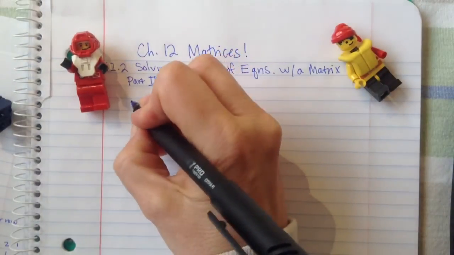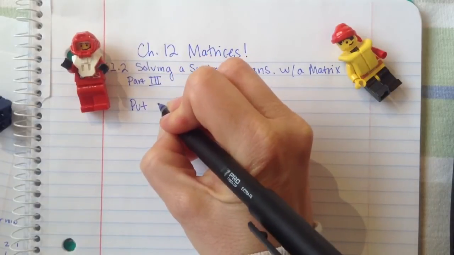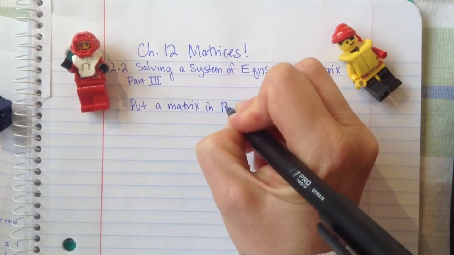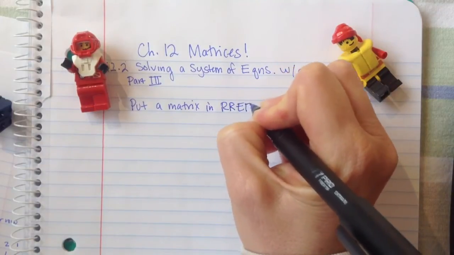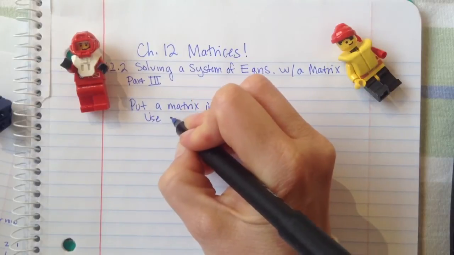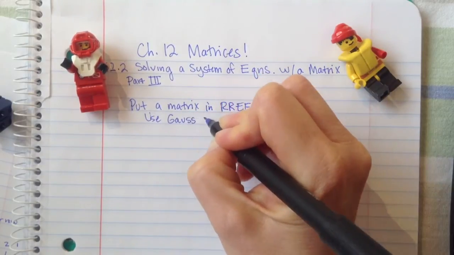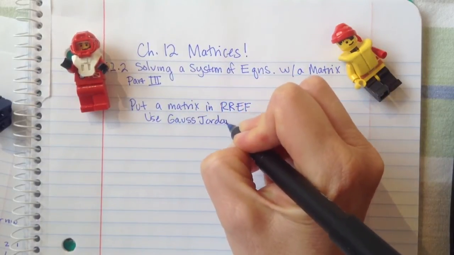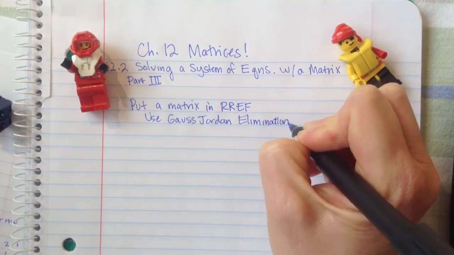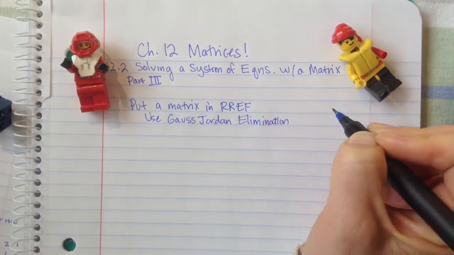So what we need to do in this video is talk about how to put a matrix into this magical RREF form. And we're going to do that by using what's called Gauss-Jordan elimination, which I believe is named after Gauss and Jordan.